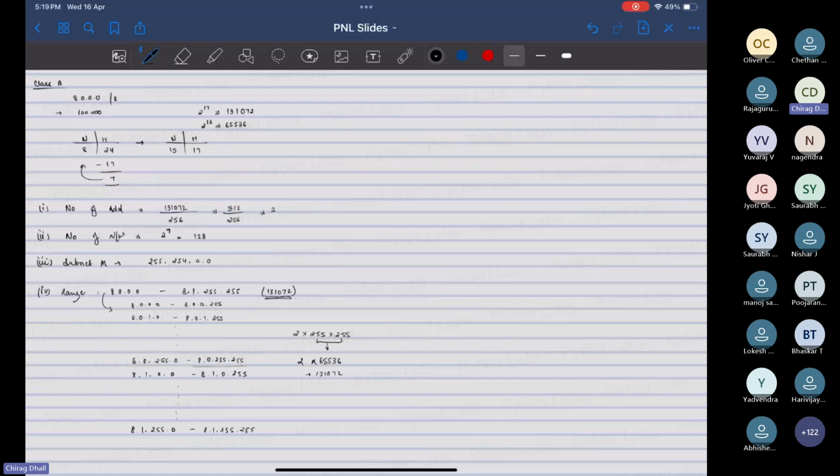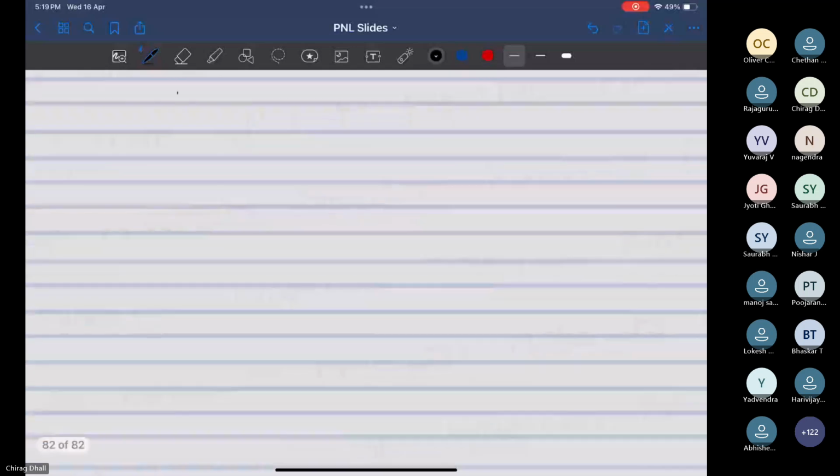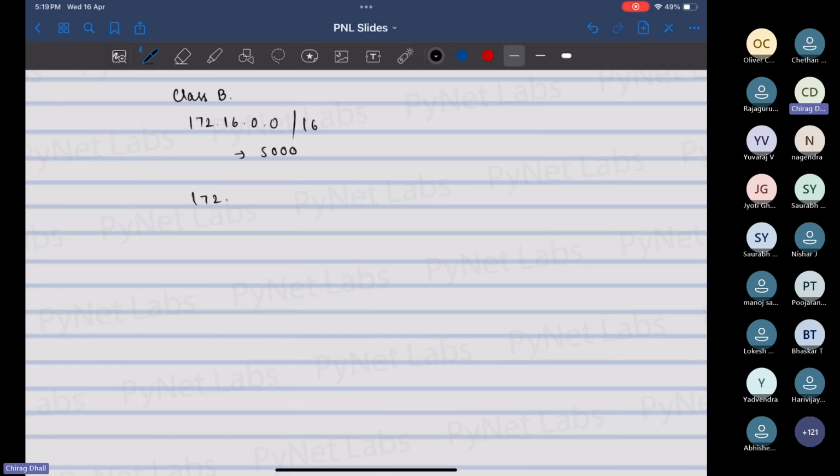Sure, definitely. Here are some questions for you guys to try. One: 172.16.0.0/16 with a requirement of 5,000 addresses. Two: 17.0.0.0/16 with a requirement of 12,000 IP addresses.